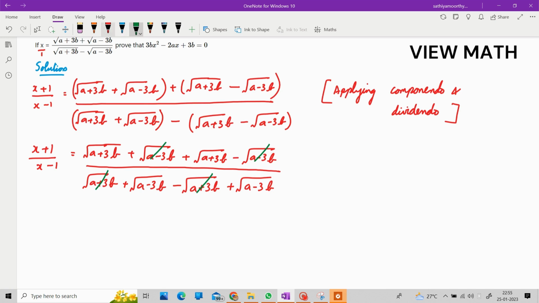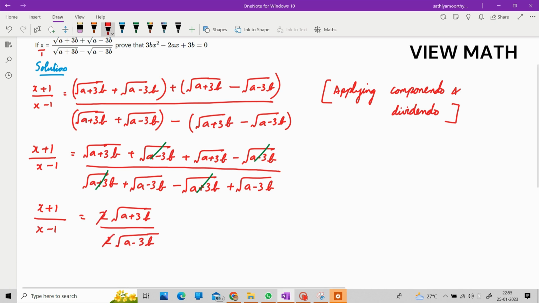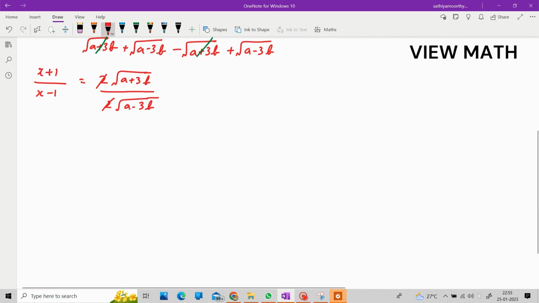So remaining terms I am going to write: x plus 1 by x minus 1 is equal to 2 times square root of a plus 3b divided by 2 times square root of a minus 3b. Now 2 is common, let me cancel 2. So now for simplifying I am going to square it on both the sides.